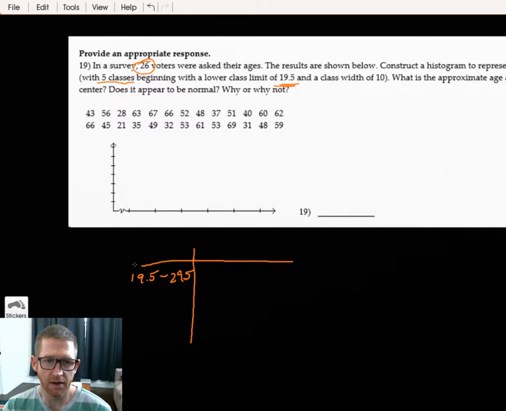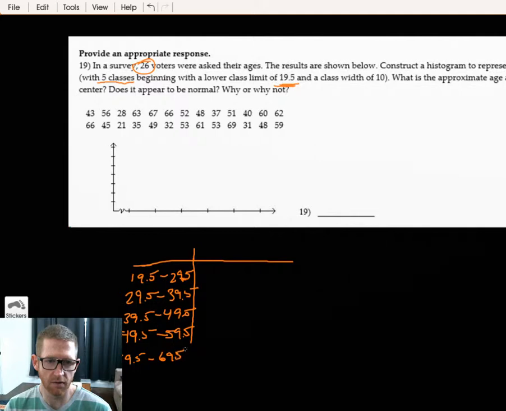So 19.5 to 29.5, and then between 29.5 to 39.5, and between 39.5 to 49.5, and then 49.5 to 59.5, a little sloppy, 59.5 to 69.5.